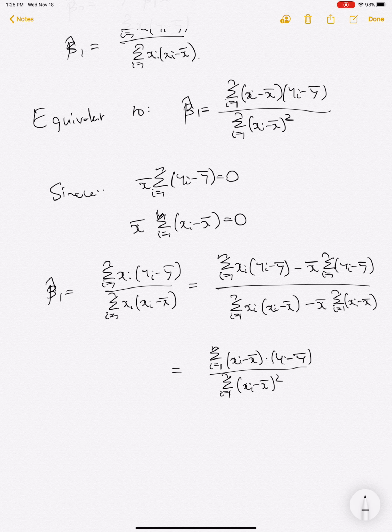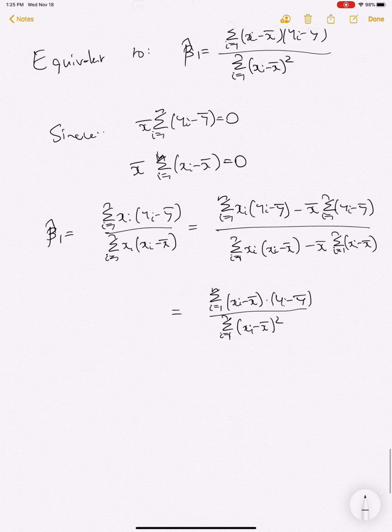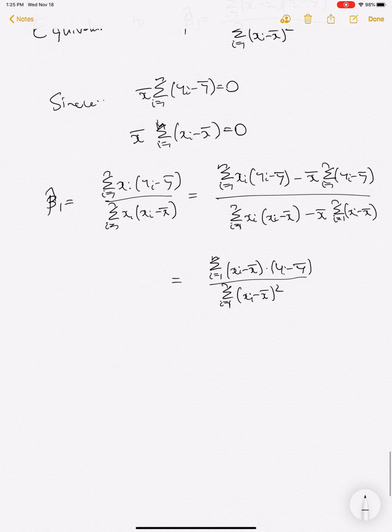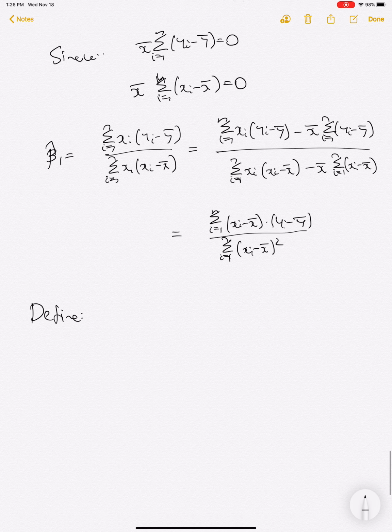Okay, so why is this actually useful? Because this means that beta hat 1 is actually connected to a couple of the key statistics that we have here. We're going to define sx squared, which is just 1 over n times the sum of xi minus x bar squared.